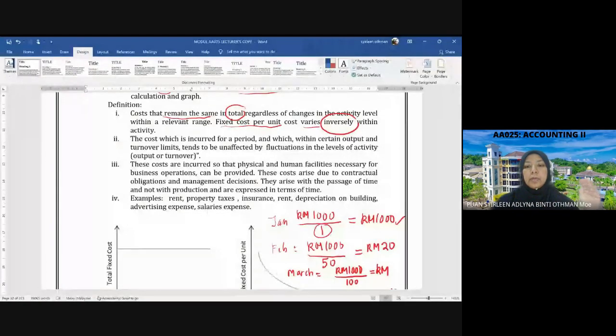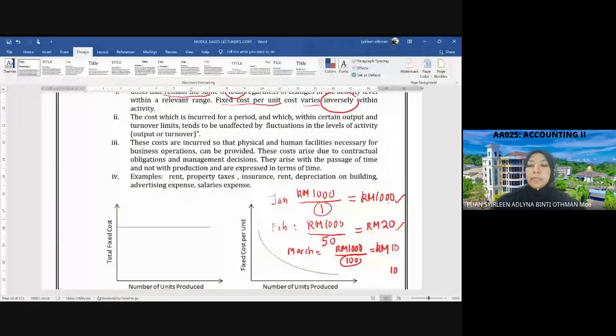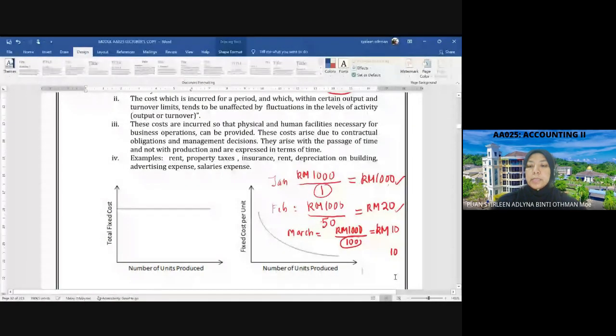Okay, so if I produce one unit, my fixed cost per unit is 1,000. I increase the level of activity to 50, earlier it was 1,000, now it is only RM20. It goes down. I increase once more the level of activity from 50 units to 100 units, and then my fixed cost per unit will drop to just RM10.